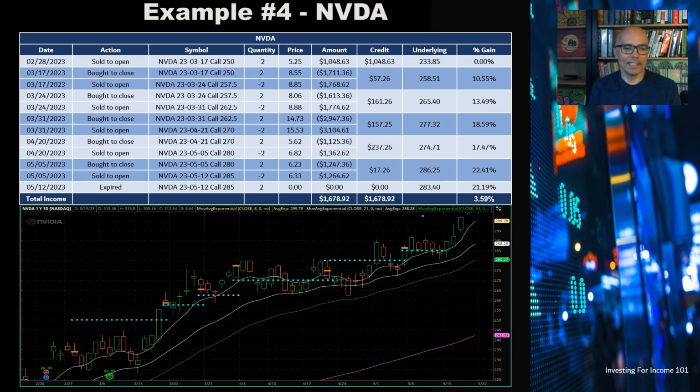Okay, another tough call, NVIDIA, right? You can see NVIDIA is the favorite of investors right now, but it was not in February. So in February, I looked at the stock.